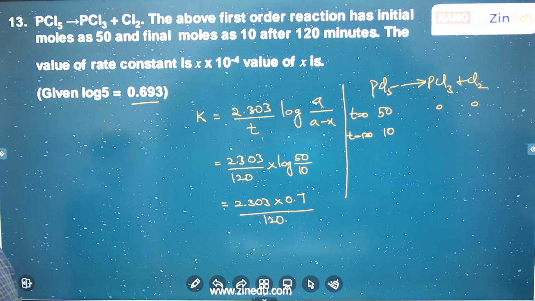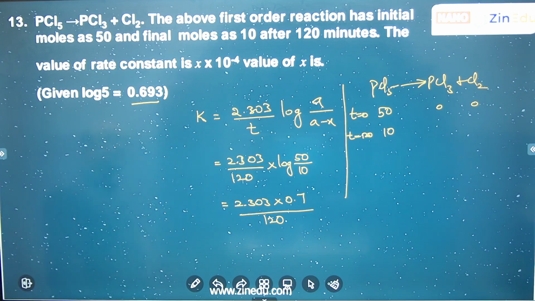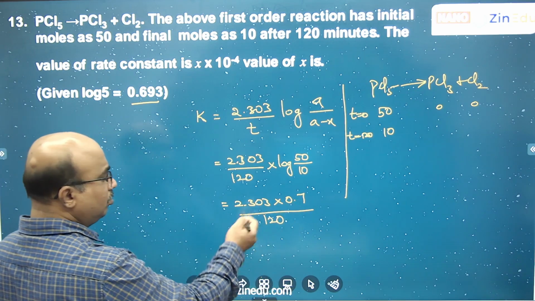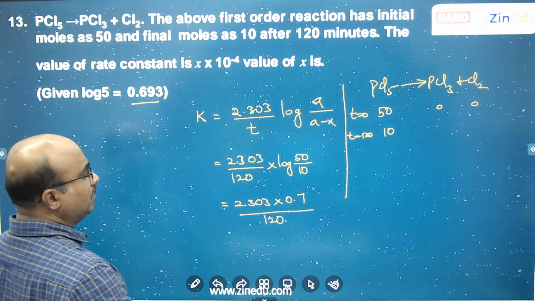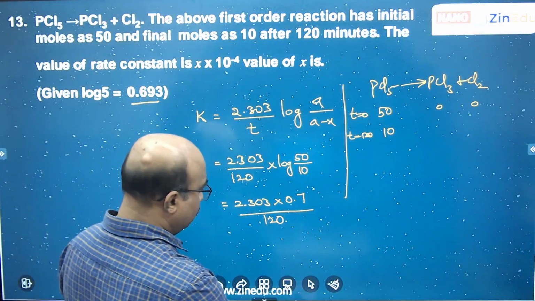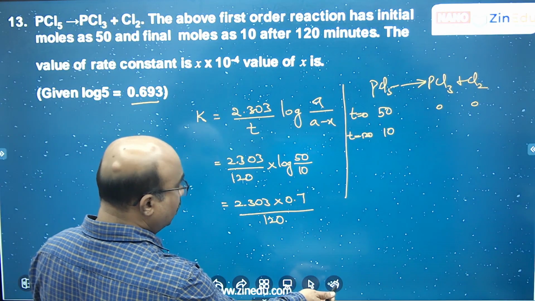So we can directly get the value here. What is x? So the calculations are clear. So it is already 10 to the power minus 2. You can take how much, 0.693. Do the calculations, just simple. You have to do that calculation. That is what you get. Okay.